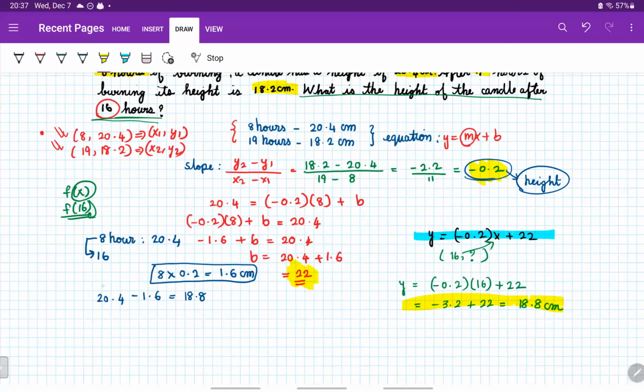So this is another way to find the height at 16 hours. If you see, we got the same answer no matter which way we solve it. So it's 18.8 in both cases. Just in case things like this don't click in your mind immediately, maybe when you're taking an exam or doing your homework, it's okay to do the lengthier method, which will give us more confidence in the answer.